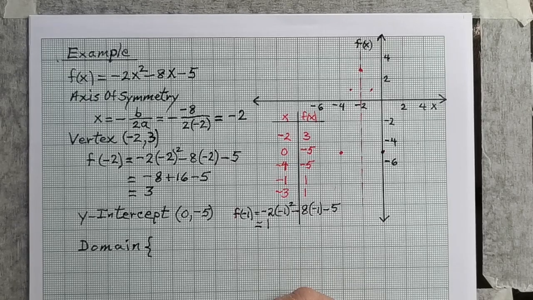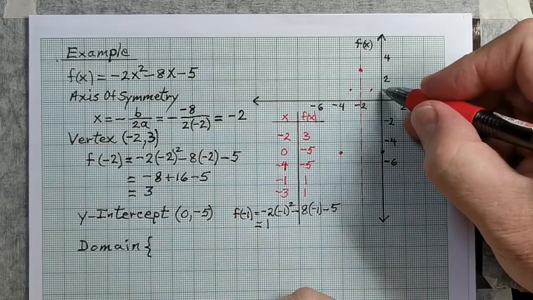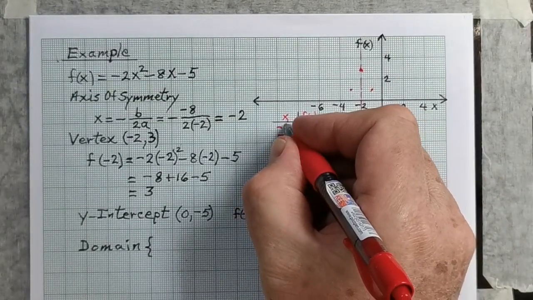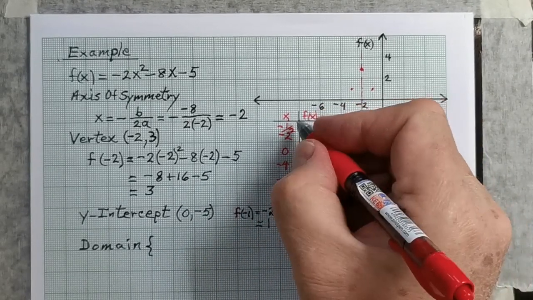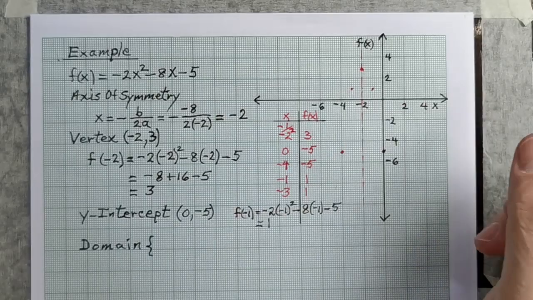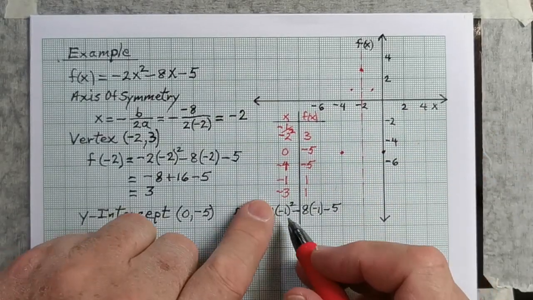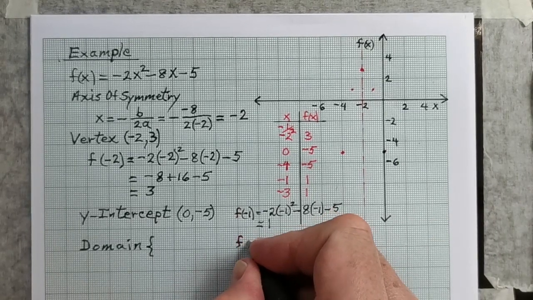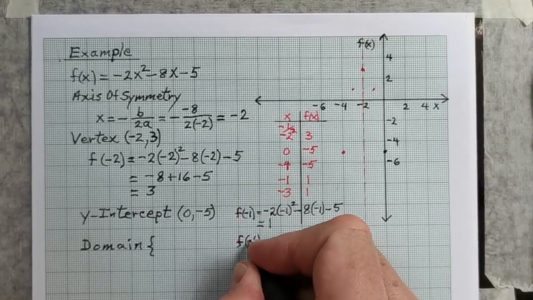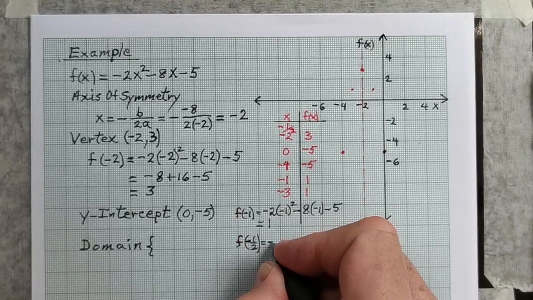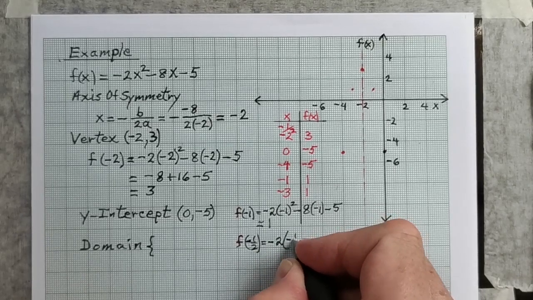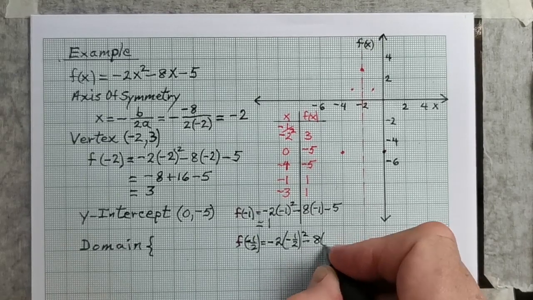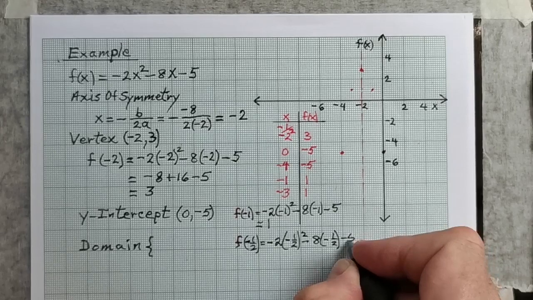You know, perhaps I could do one more somewhere in the middle here, and that would be, instead of negative 1, maybe negative 1/2. What would I get if I put in negative 1/2? I'll put it up here since I'm running out of space below. What is f of negative 1/2? It'll be equal to negative 2 times negative 1/2 squared minus 8 times negative 1/2 minus 5.